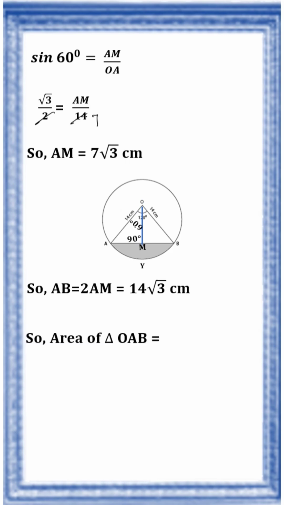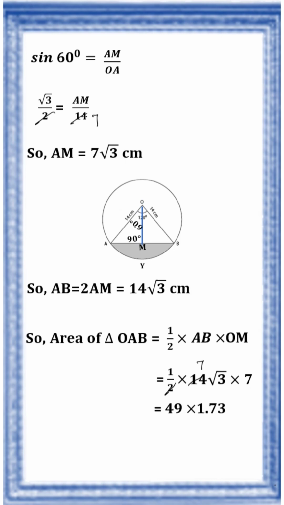So area of triangle OAB is half into base, which is AB, into height, which is OM. Now let us substitute the values. Half into 14 root 3 into 7. 2 ones are 2, 2 sevens are 14. Here 7 into 7, 49, into root 3 is 1.73. That is equal to 84.77 centimeter square.